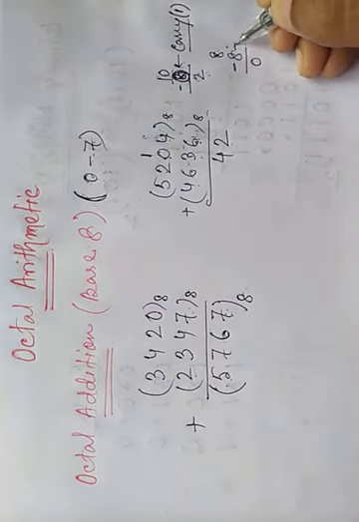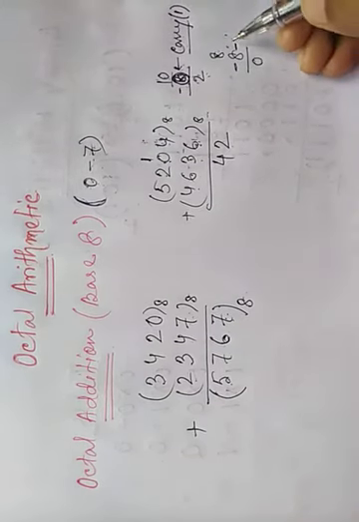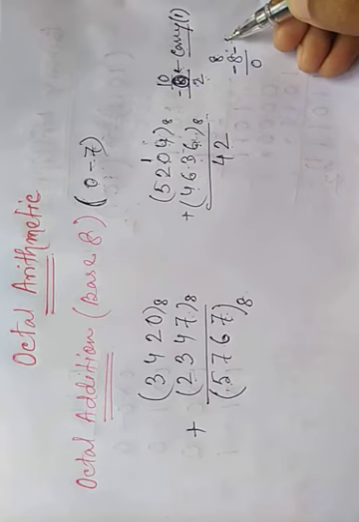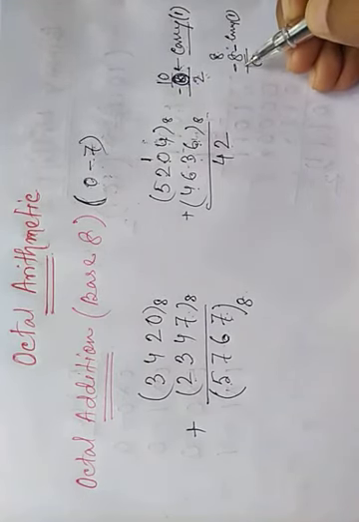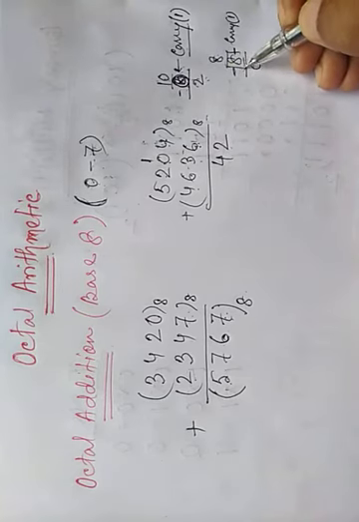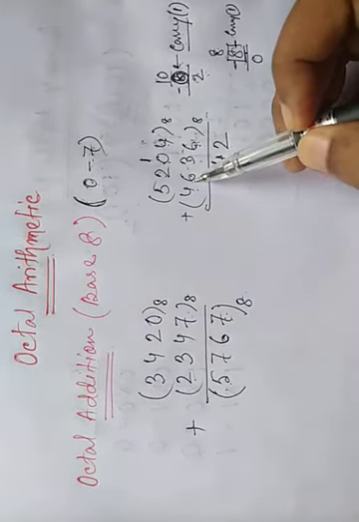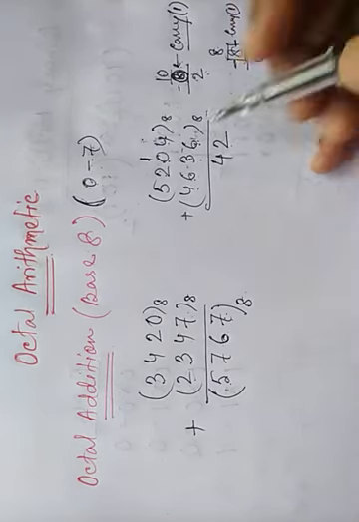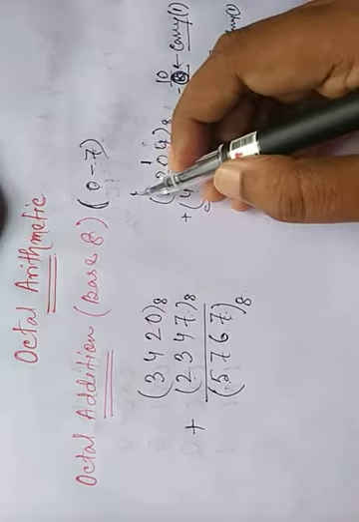So here also we take carry 1, as this is extra. So 6 plus 2 is 8, 8 minus 8 is 0. You should write 0 here and 1 carry is extra.